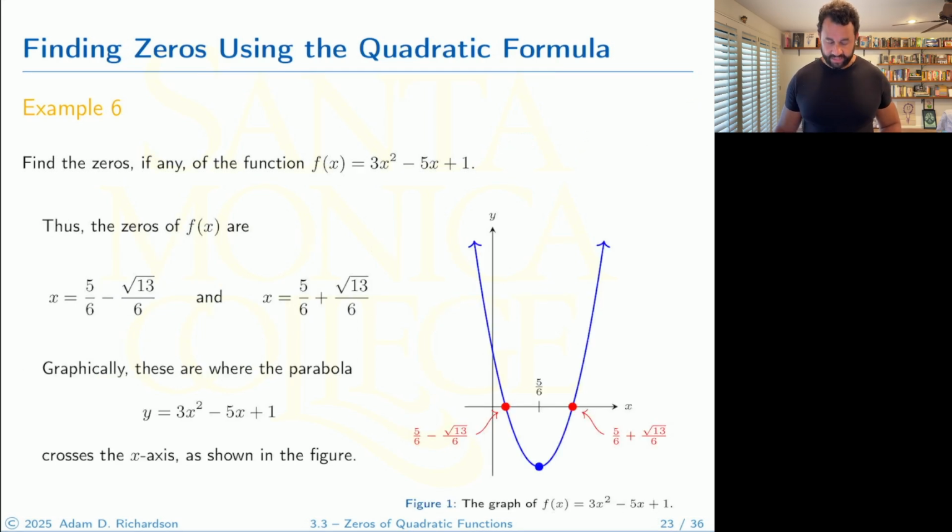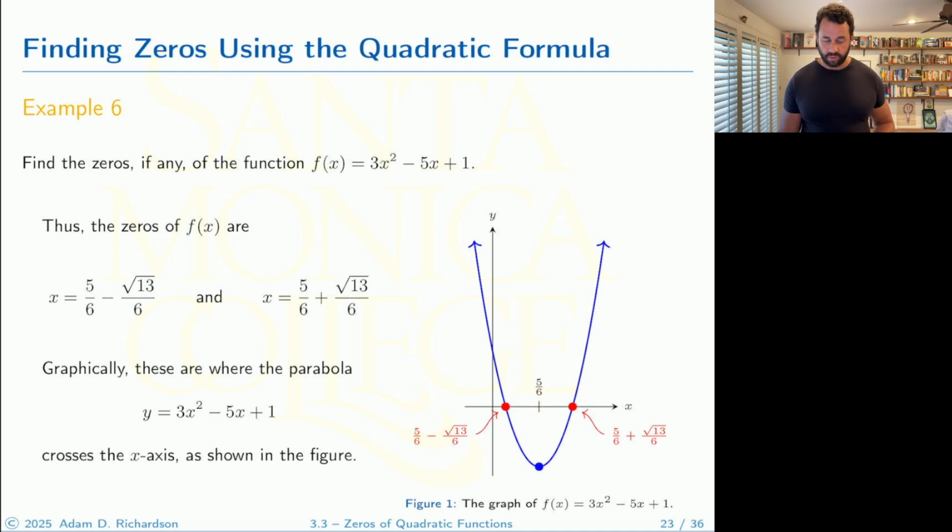All right, let's take a look at the picture in this case. In this case, the zeros are actually real numbers. We'll talk about imaginary numbers more in this section and then in section 3.6. But we got two real solutions to this equation, the zero equation of f of x, right? So graphically, these are where the x-intercepts are for this parabola, okay? And here you can see why I've chosen to represent the quadratic formula in this structure, because this is the number 5/6.